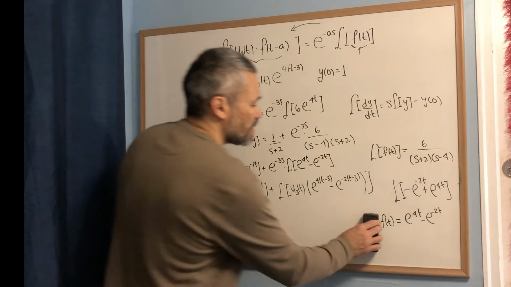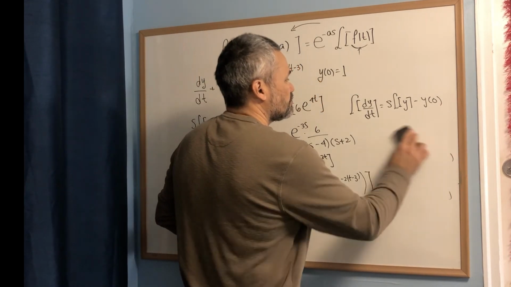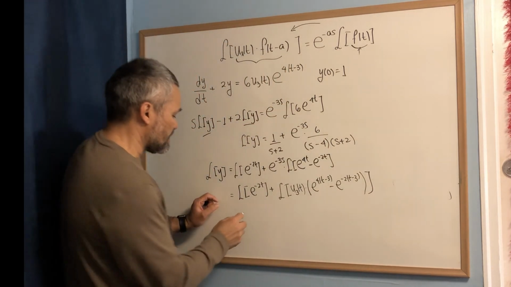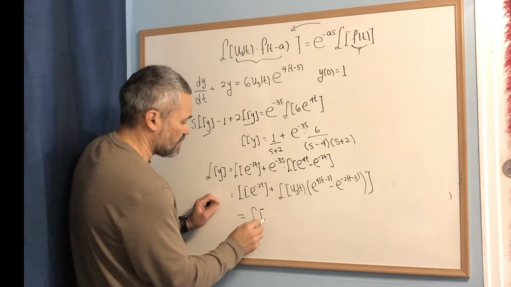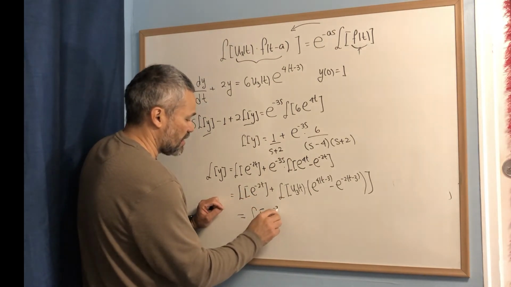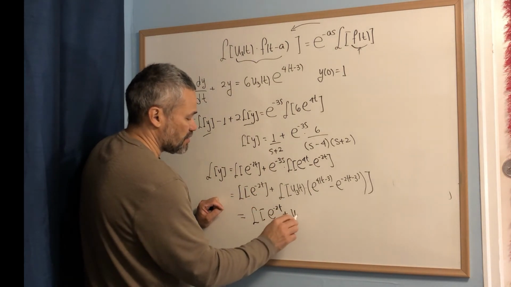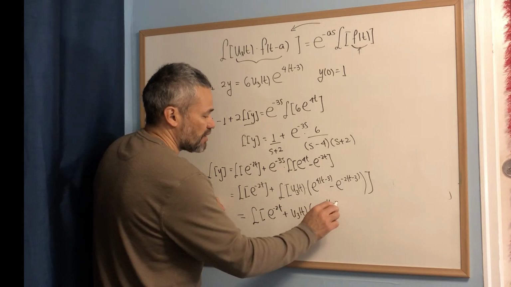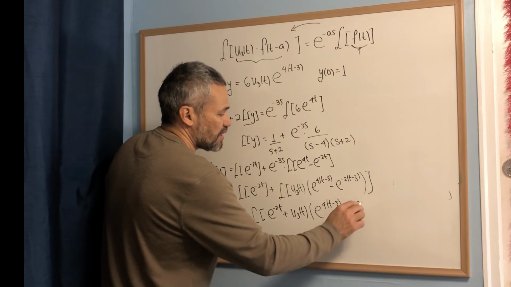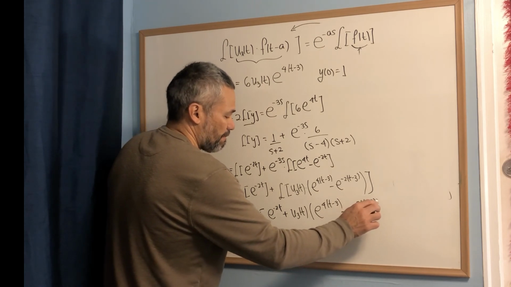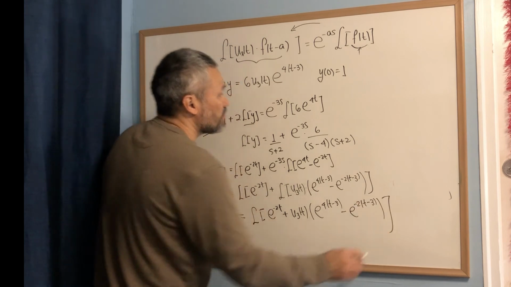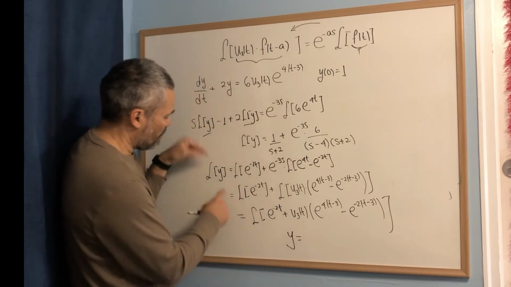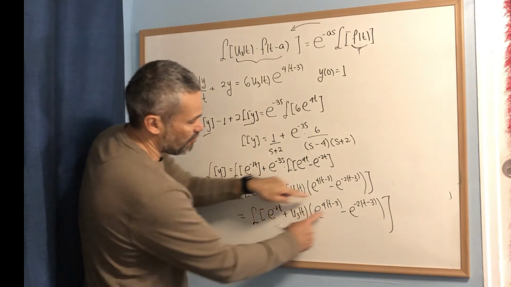And then we get the final answer, we can combine. This is e to the negative 2t plus u3 of t times e to the 4 times t minus 3, minus e to the negative 2 times t minus 3. And that means that the Laplace transform of y equals the Laplace transform of that function.